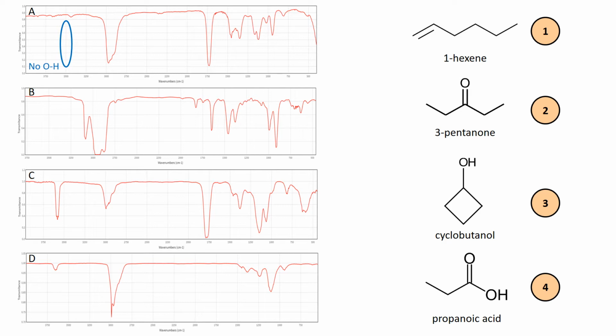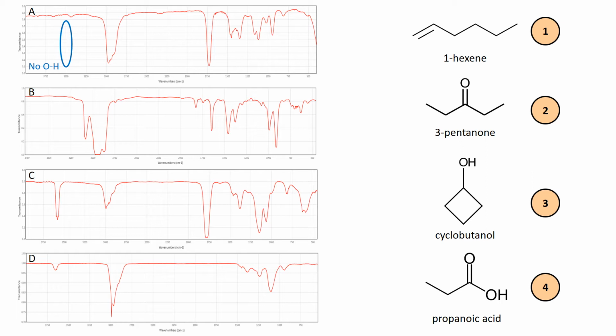And this will be at around 3,500 wave numbers, although it can be anywhere between 3,000 to 3,600 wave numbers. And importantly, this tends to be quite a broad peak. So you can see in spectrum A here, there is no OH peak. So that instantly rules out compounds 3 and 4 because they both have an OH group.